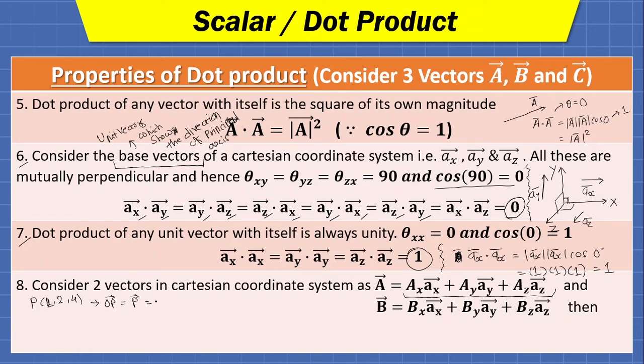So its x coordinate px and direction of x, which is represented by ax bar, plus its y coordinate and direction of y, plus its z coordinate and direction of z. So this point P 2, 2, 4 can also be written in a vector form as 2ax bar plus 2ay bar plus 4az bar. Fine. So both these representations are correct. This form is vectorial representation of point, and this is a point representation.